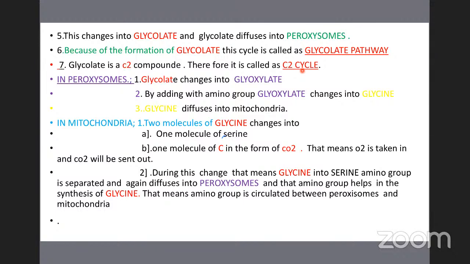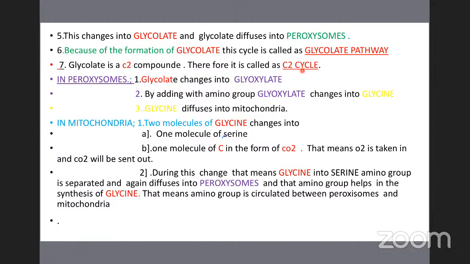That's why this photorespiration is treated as a harmful process where energy currency is not synthesized. Whereas in the C3 cycle, 18 ATP molecules and 12 NADPH molecules are synthesized. So here, during the changing of glycine into serine in mitochondria, this glycine releases the amino group into the mitochondria only.